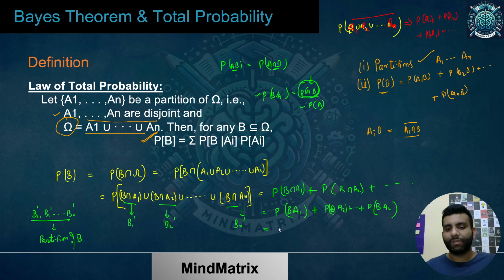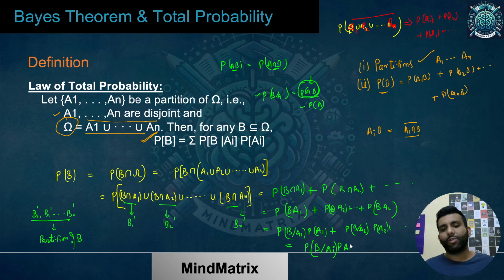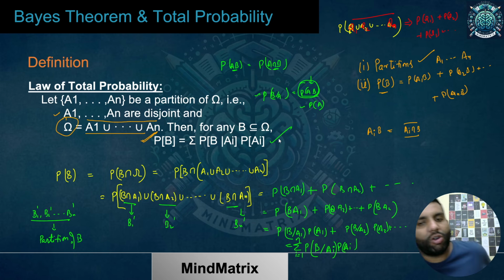What I can write here is P of B given A1 into probability of A1, plus probability of B given A2 into probability of A2, and so on. Repeating till n, I can write it as the summation from i equals 1 to n of probability of B given Ai into probability of Ai. And that's what we have here: the law of total probability.